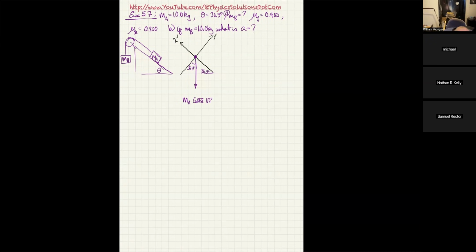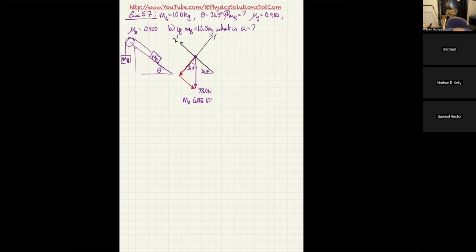And that means I can break this weight up into, and by the way, 10 times 9.8 is 98, so I'm going to call this 98.0 newtons the weight. But we can see that the y component, of course, is going to be negative, and the x component is also going to be negative because I chose x as positive pointing up the incline. So this one's going to be 98 times the sine of 36.9. That's this component right here.